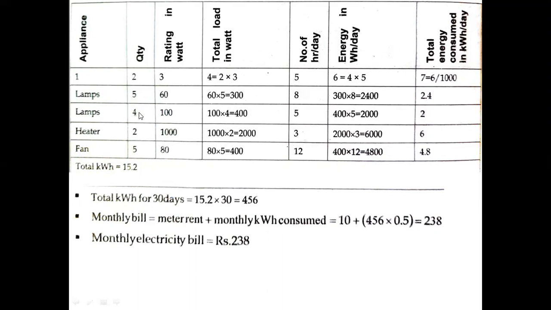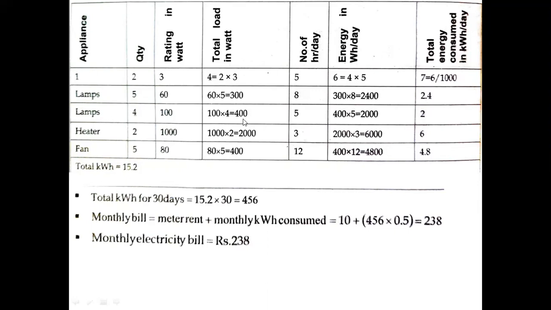Lamps, 4 lamps of 100 watts each, working for 5 hours a day. So 4 into 100. Then you calculate total load. Total load: 4 lamps are there, each rating is 100 watts.